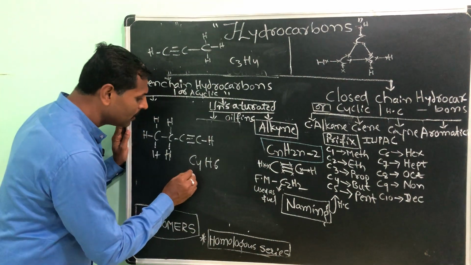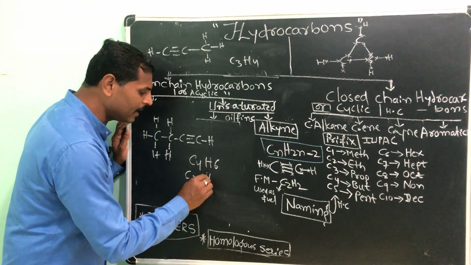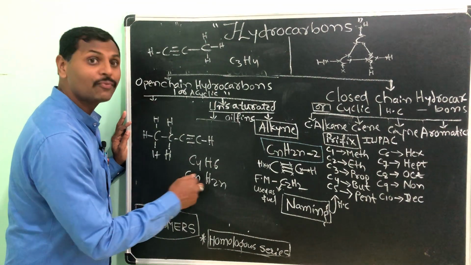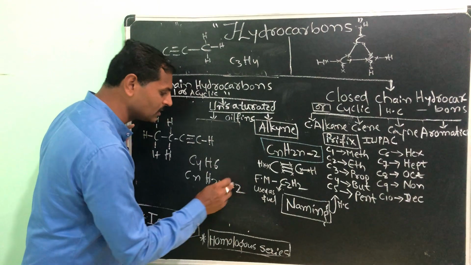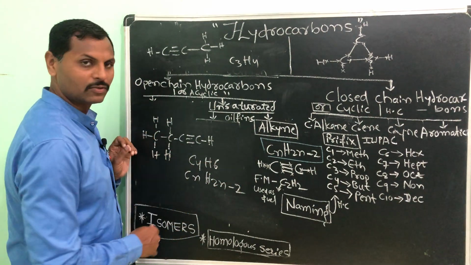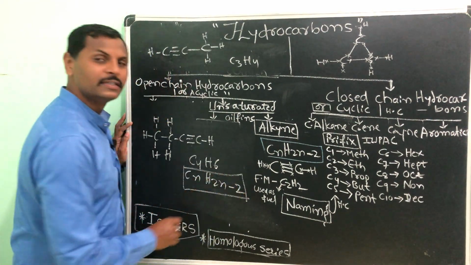See here, the number of carbons is n, and I will take 2n for the hydrogens. If it is 4, 4 2s are 8, and if you subtract 2 hydrogens, you will get 6 hydrogens. That means H will be 6. Like this, you can make a general formula.